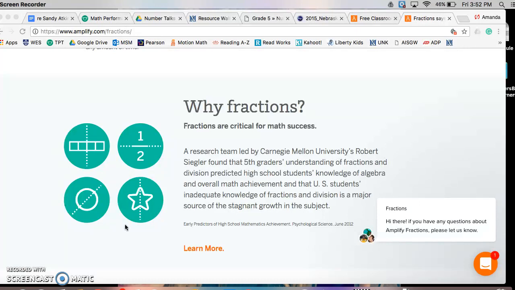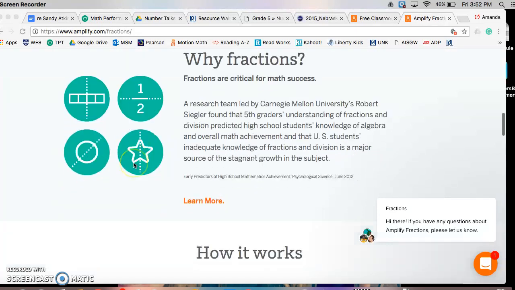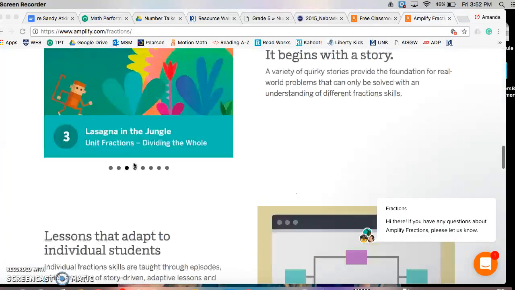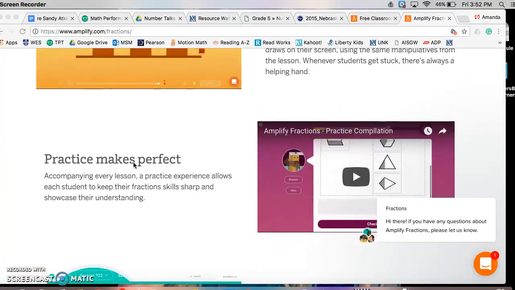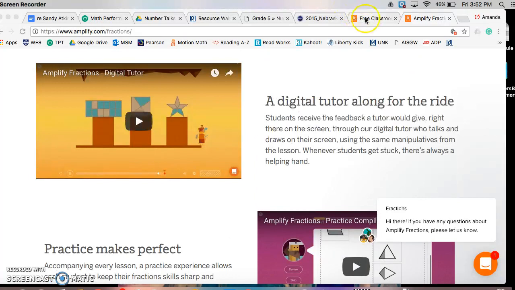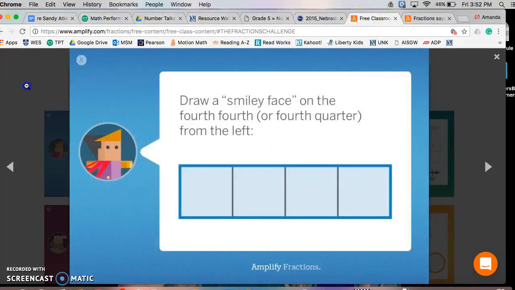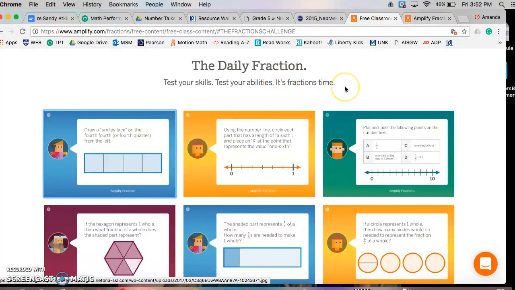So this resource hits on a lot of standards, and more specifically, after going through the homepage, I dove into one of the resources that's called the daily fraction.